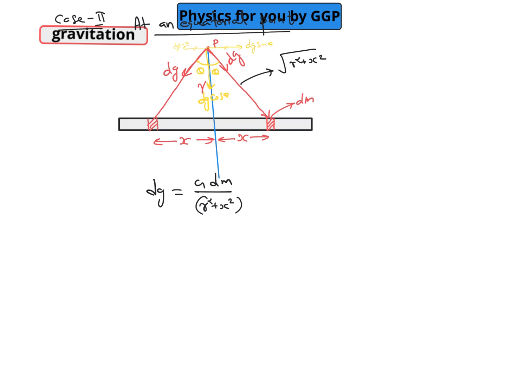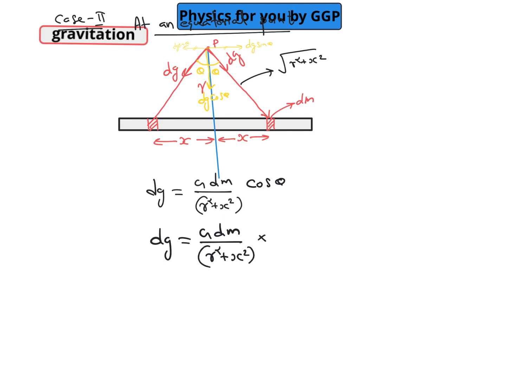So we can write the value of net gravitational field at that point as G dm divided by r square plus x square into cos theta. So dg is equal to G dm divided by r square plus x square into cos theta.